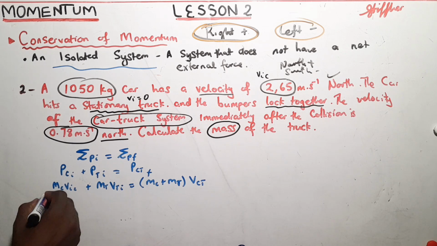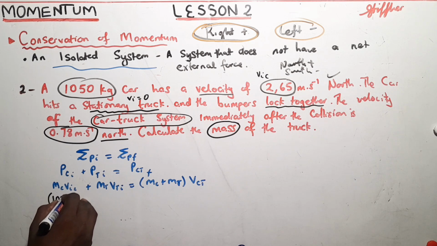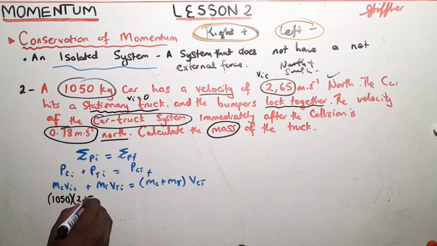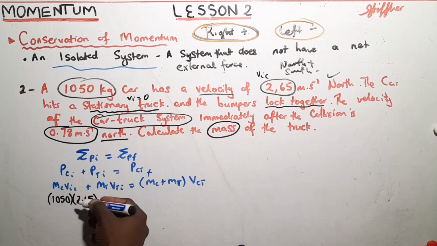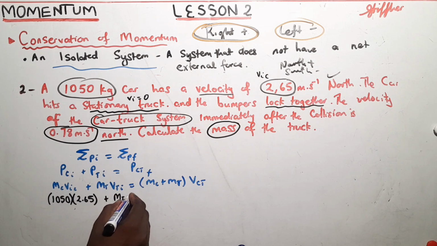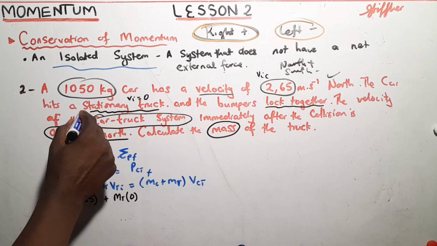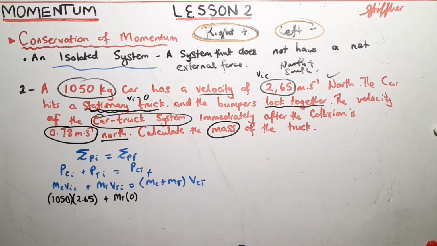We know the mass of the car, it is 50 multiplied by the velocity, which was 2.65. We chose north as positive, so this is positive. The mass of the truck we don't know, but we know that the initial velocity was 0 because it was stationary.